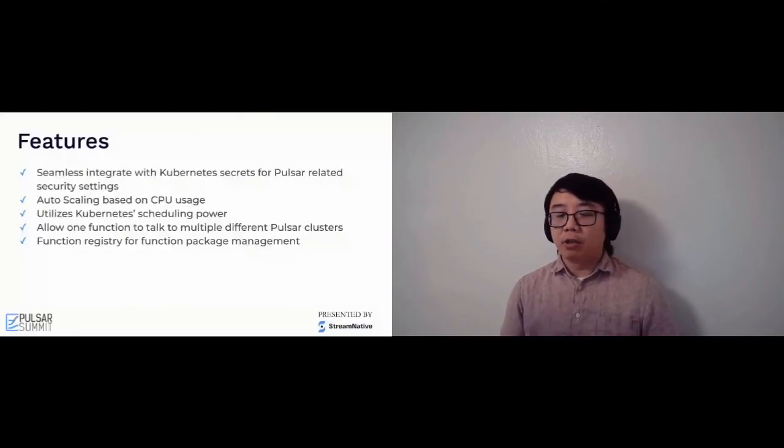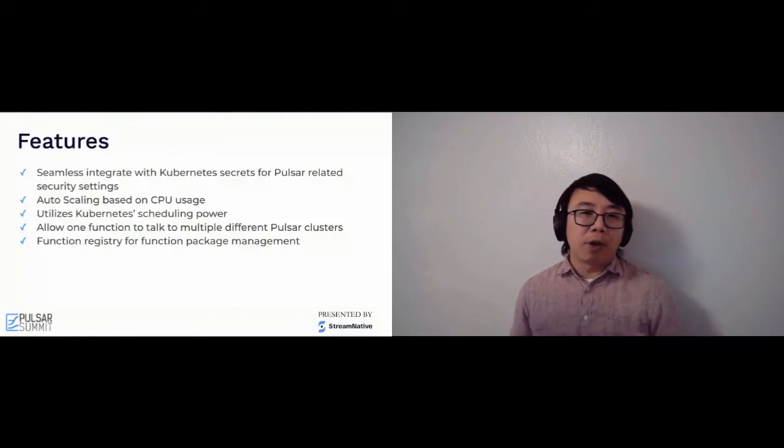Besides the CRD, we also do a lot of things to make sure the function mesh is integrated well with the Kubernetes ecosystem. As I mentioned, it integrates with Kubernetes secrets so that they can read the secrets easily, and leverages the Kubernetes autoscaler to autoscale based on CPU usage.